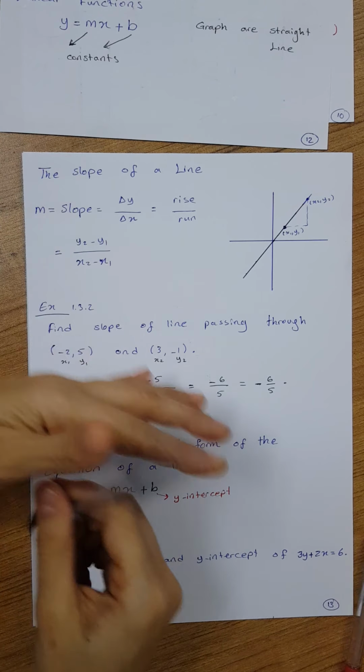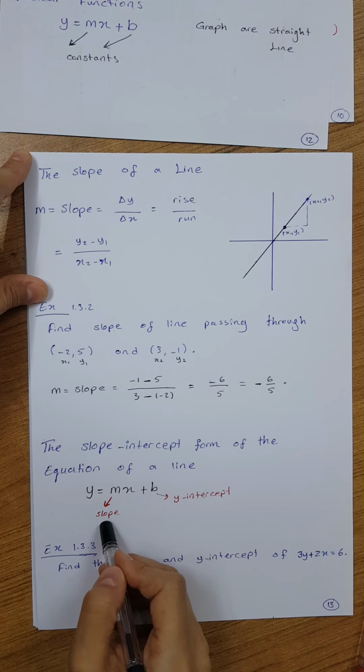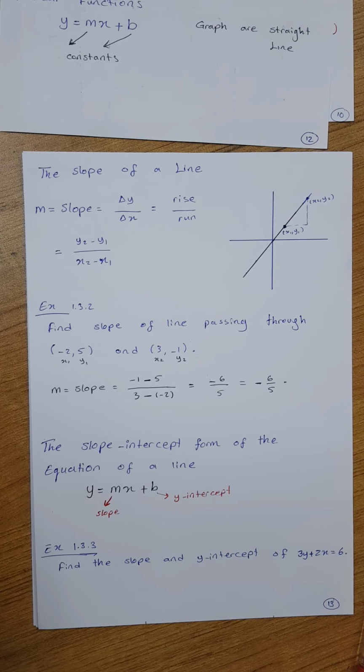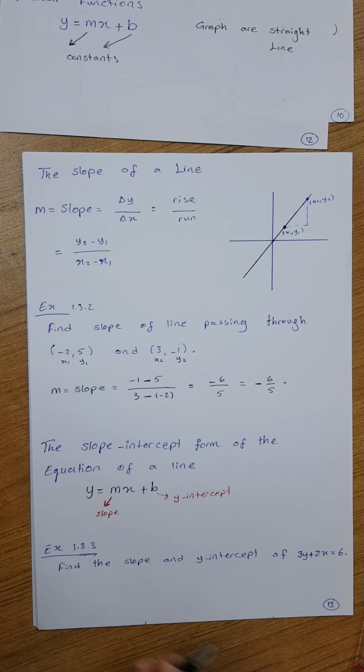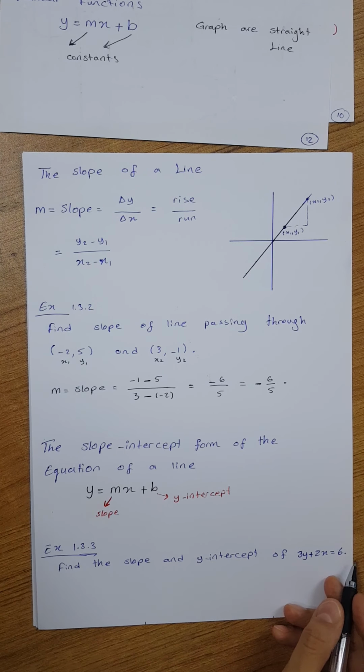Why is it called slope-intercept form? That form is called slope-intercept because it depends on the slope of the line and the y-intercept to find the equation of that line. We've got an example. It says find the slope and the y-intercept of 3y plus 2x is equal to 6.